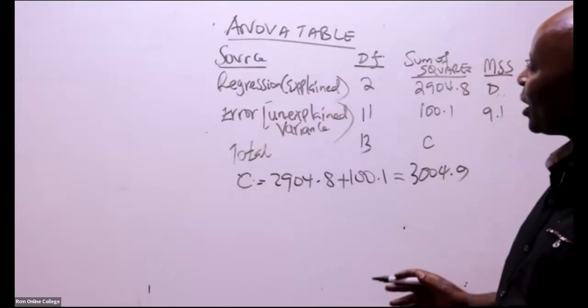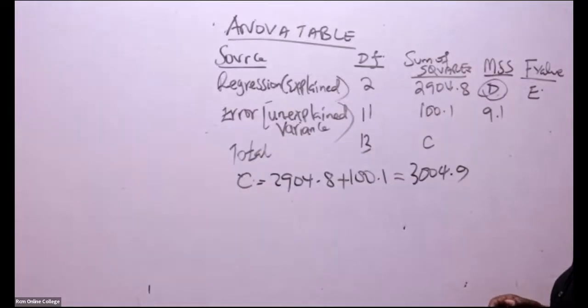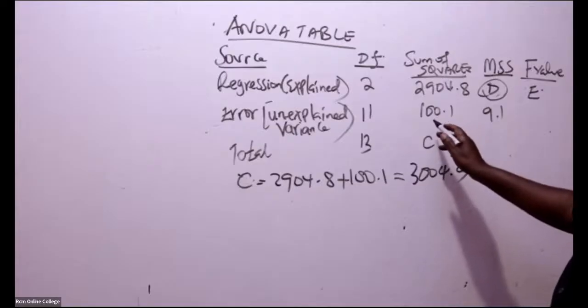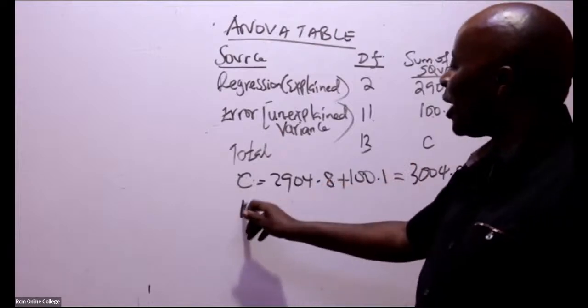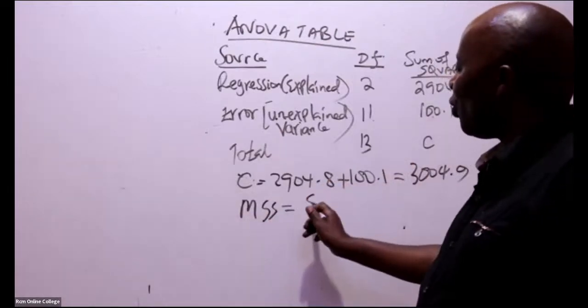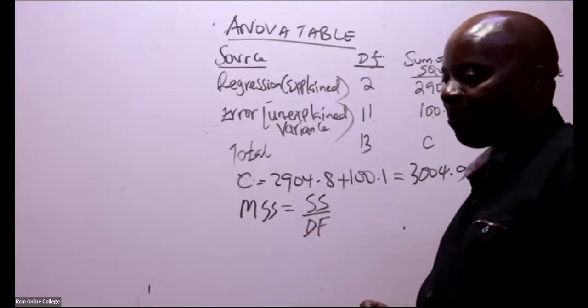What do you think we shall do to be able to get this D? D is the mean sum of square. Mean means division, dividing. You can take this divided by this and get this. So to get D, the mean sum of squares, you normally take the sum of squares given divided by degrees of freedom.